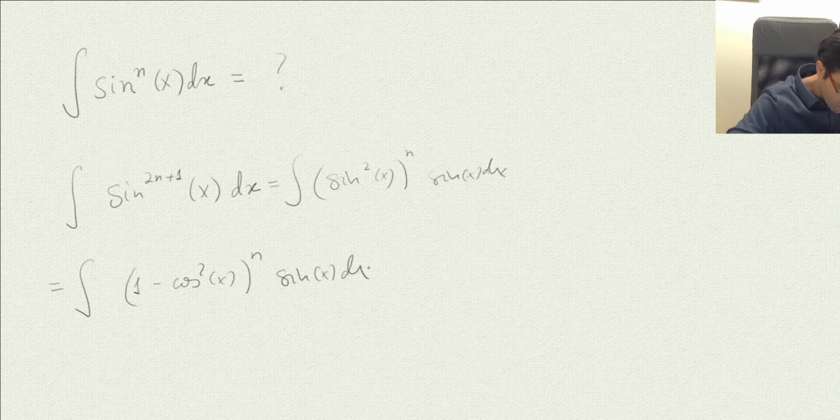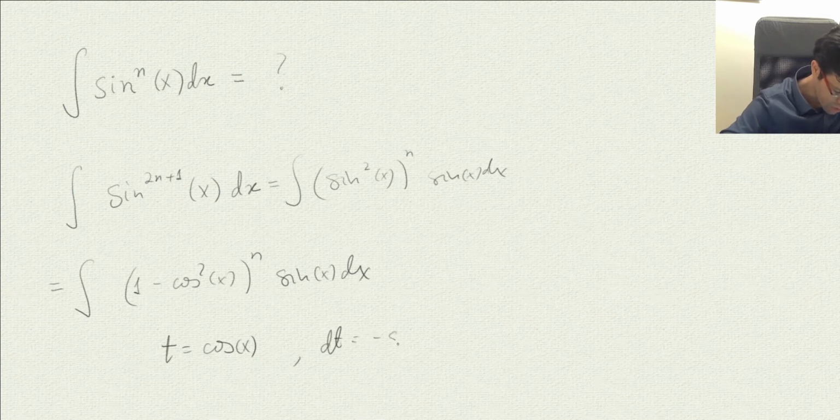And the reason for doing this is that this sine is almost the derivative of the cosine. So if we make the substitution t equals the cosine of x, then of course dt becomes minus the sine of x dx, and then this integral becomes, so this is the integral, and here we have the minus sign, and we can actually flip the order of terms here, and then we'll have minus 1.